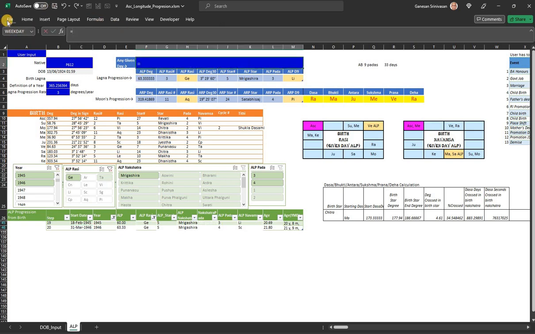You can write your own date here. You can put a date in 1946, whatever you are interested in. April 9th, if you want to check that, you can put it as a formula there and wait for it to update. And see here, this Alp has switched over sign here in the Navamsa on that particular day.